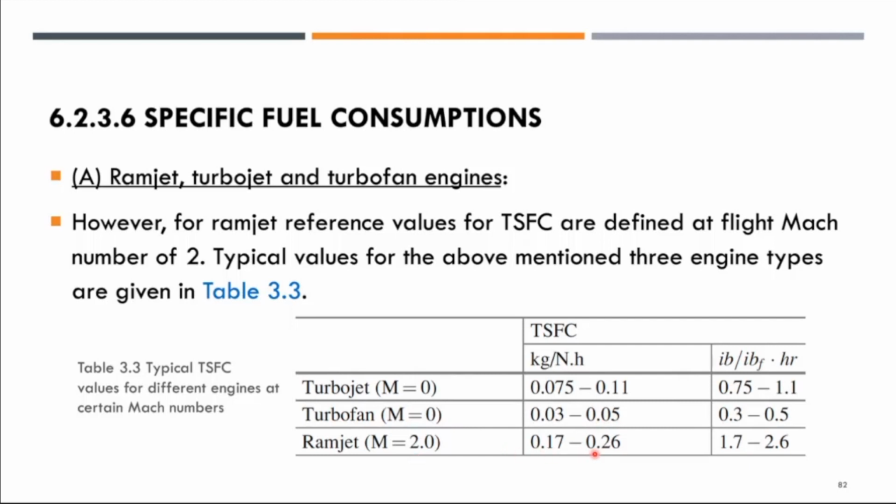You can see that the turbojet has less thrust specific fuel consumption at static compared to turbofan. It requires more fuel compared to turbojet at static condition, whereas of course ramjet has a higher thrust specific fuel consumption because it will consume a lot of fuel at a higher speed.